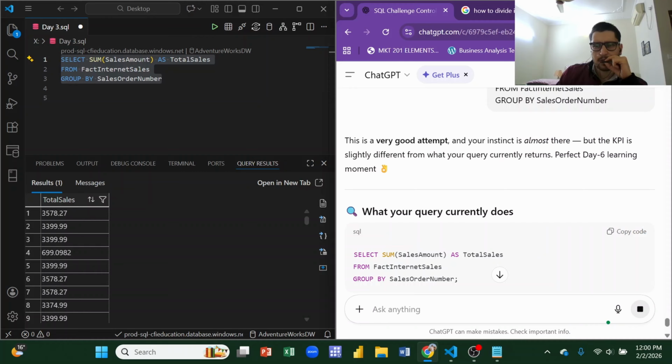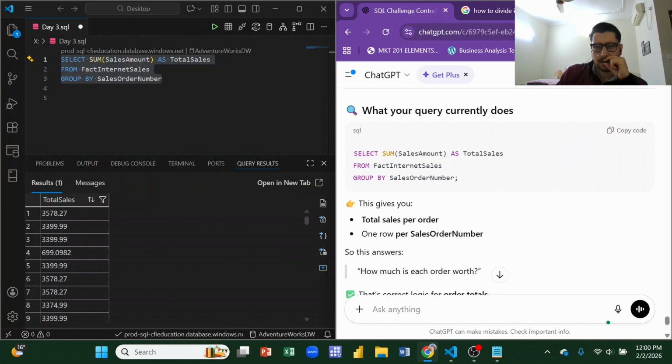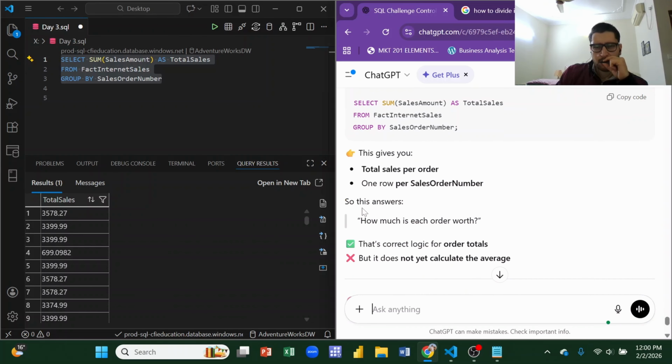ChatGPT says this is a very good attempt. Your instinct is almost there, but the KPI is slightly different from what you currently returned. Perfect, exactly a learning moment. So this is my query. This gives you total sales per order, one row per sale order. So this answers how much each order is worth.